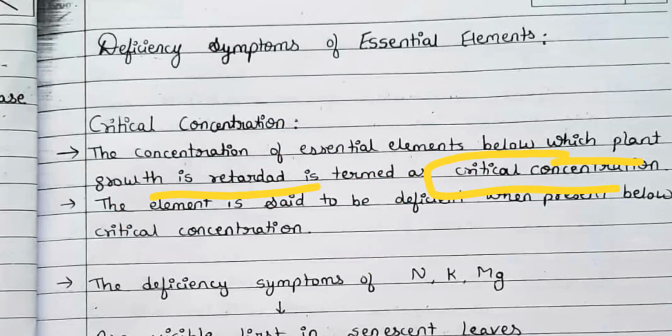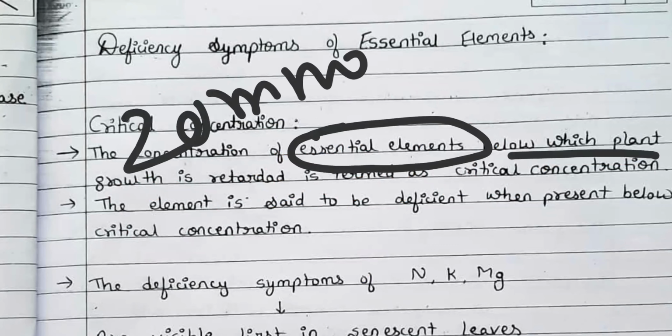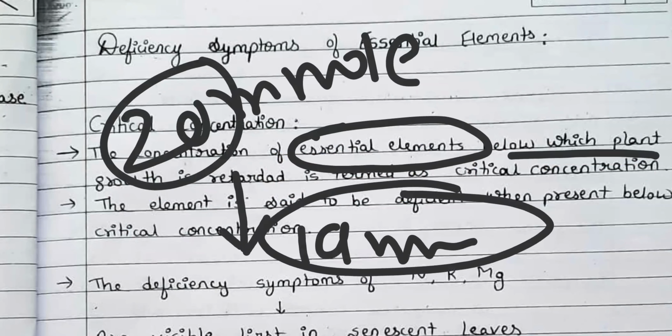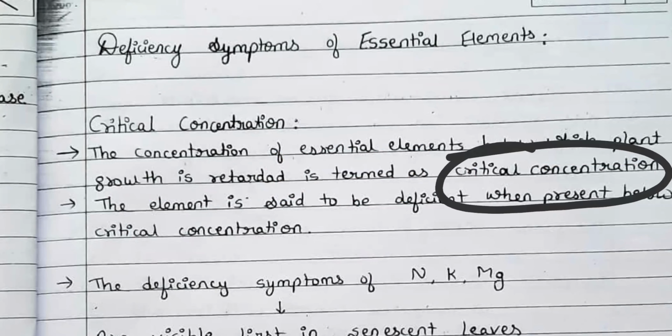That concentration we call the critical concentration. Like the example we just took, 20 millimolar per kg is the minimum value. Suppose it is less than that, 19 millimolar, then it also shows the deficiency symptoms. And that 20 millimolar is the critical concentration.